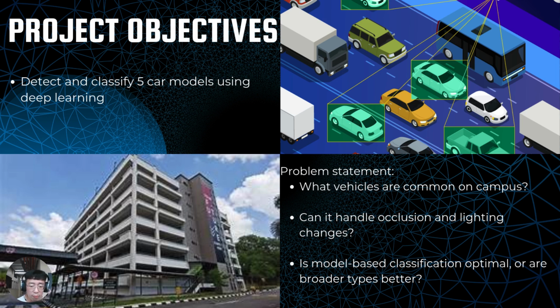Second, we want to test whether the model performs well under real conditions, including occlusion, different lighting, and angles. And finally, we want to evaluate whether identifying the exact car model is the best approach, or if a broader classification like vehicle type might actually work better in practical application.